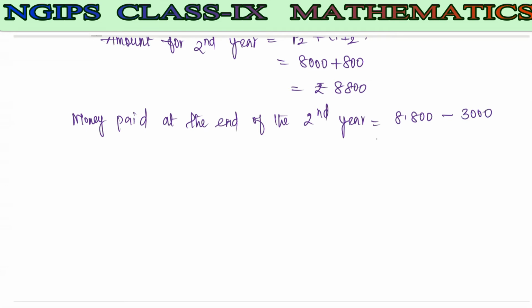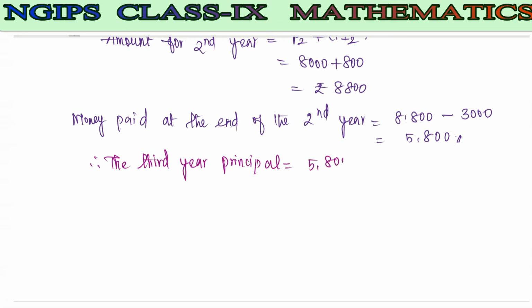So here we will get 5,800 rupees. Therefore the third year principal is equal to 5,800 rupees.